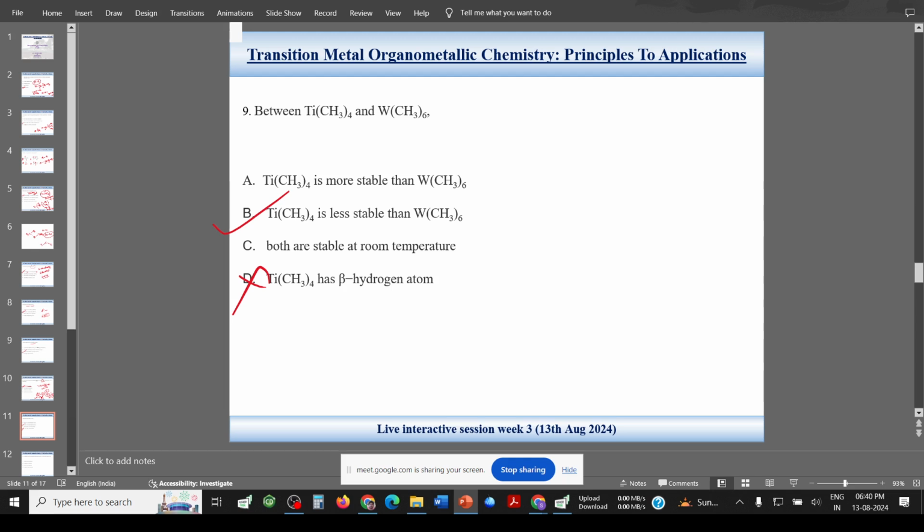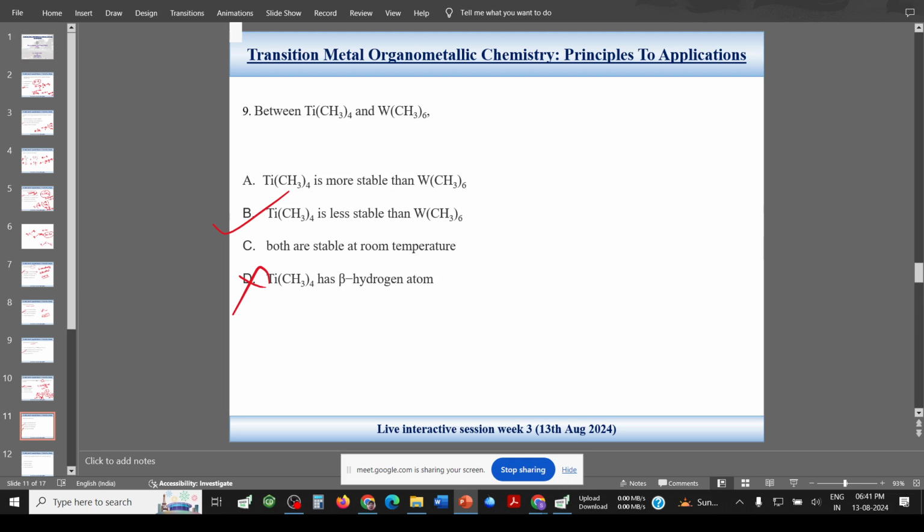This is one of the approaches to solve MCQ or MSQ type questions. When you solve them, you may not know all the answers, but you may have some information about the question. Here we are considering the stability of transition metal alkyl complexes.